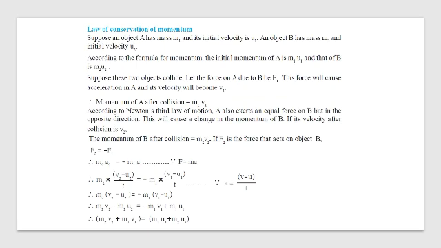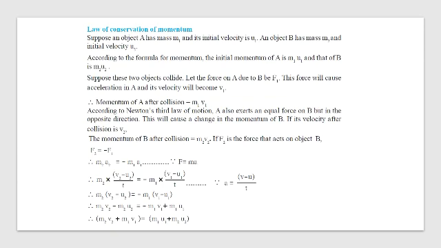Force is given as mass into acceleration, but we are representing two different objects here. So m2 a2 is equal to minus m1 a1. F is equal to m into a.